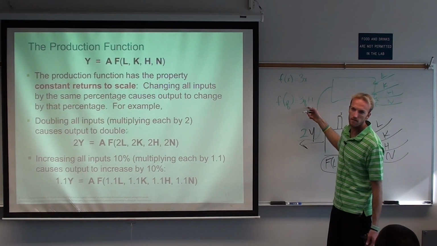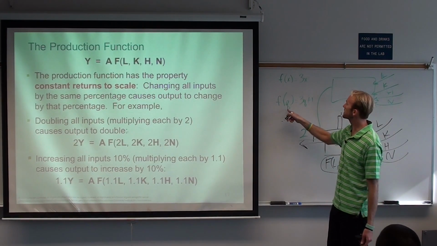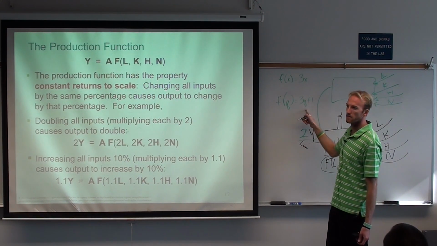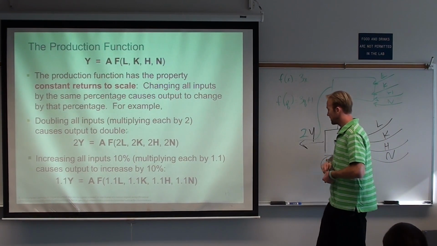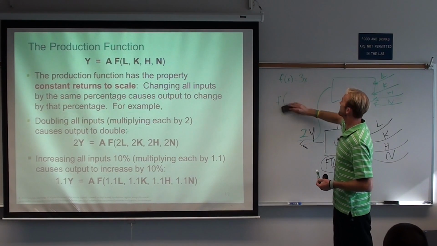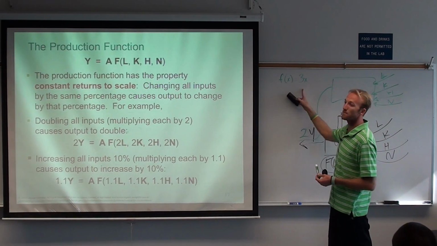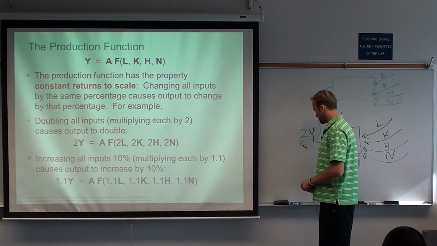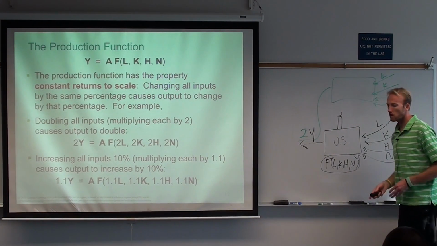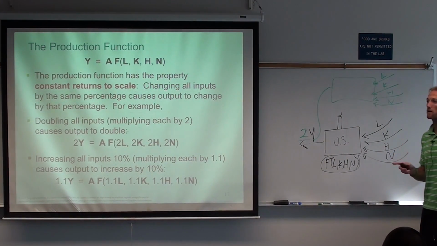This does not have constant returns to scale, right? Because if I double this, the number won't necessarily double because the 1 doesn't double. Okay. So just an idea of what constant returns to scale looks like in a mathematical formula. It looks like that. Okay. All right, any questions about constant returns to scale?